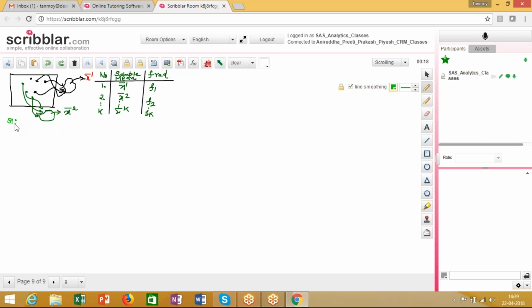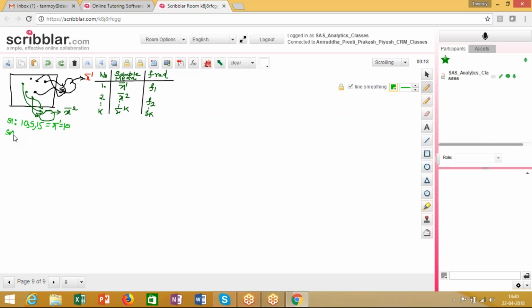In sample 1, there are three values: 10, 5, and 15. So the total is 30 divided by 3, which implies that the x bar value is 10, right? X bar 1 is 10.